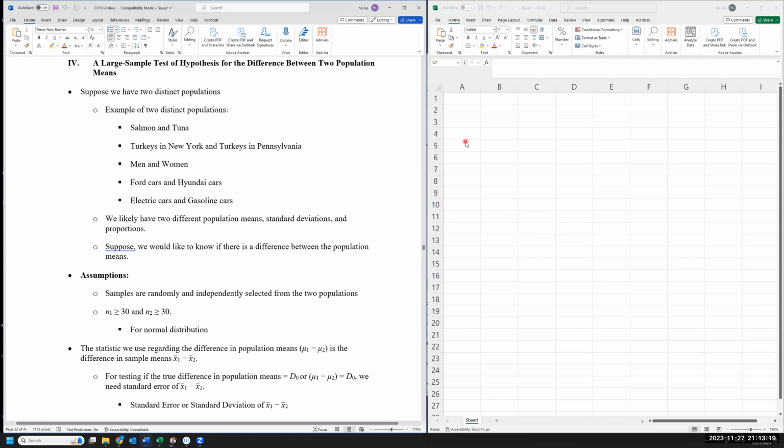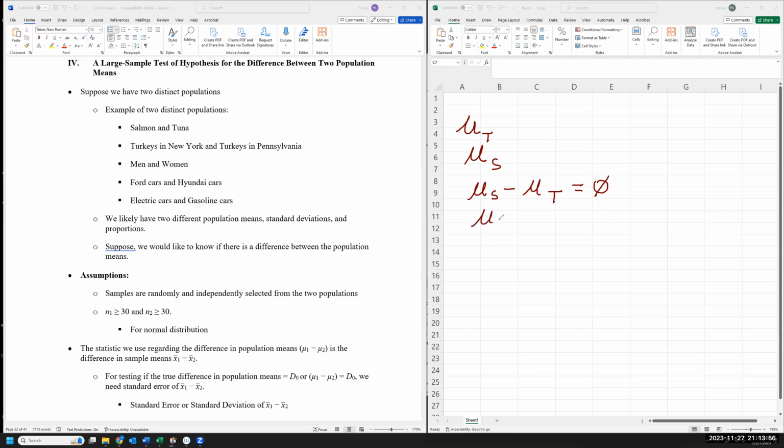Okay, so let's write this out. So we have the average eggs for tuna, and then we have the average number of eggs that salmon lay. And if the average number of eggs that salmon lay minus the average number of eggs that tuna lay are no different, then we should expect the difference in the averages to be 0.